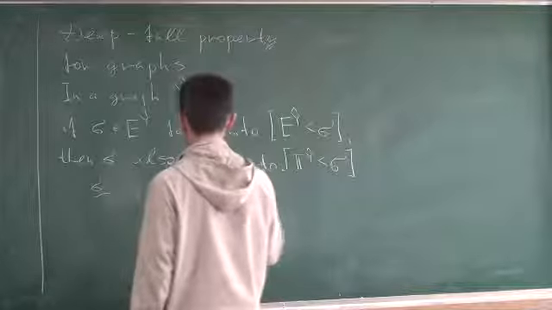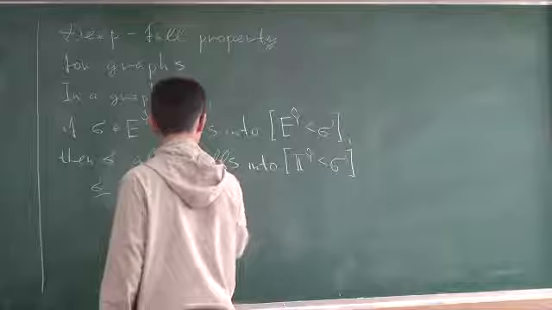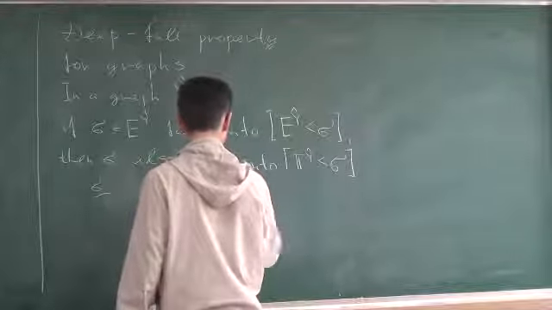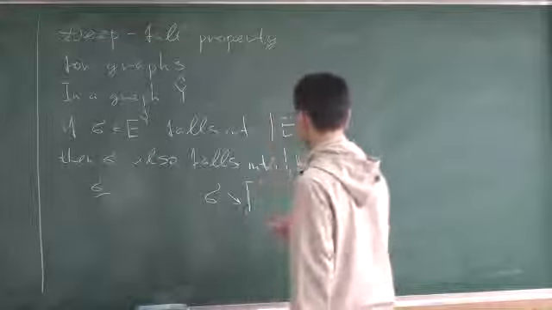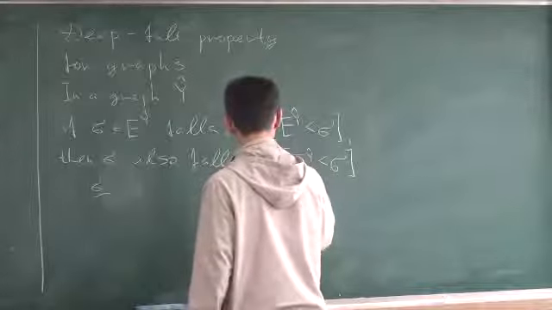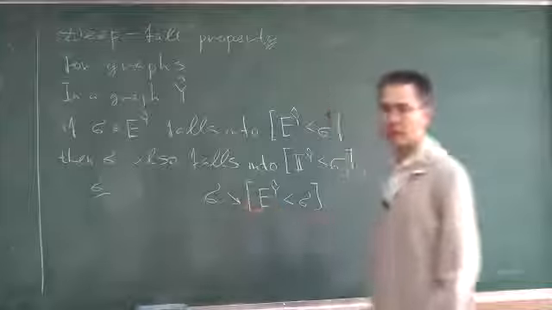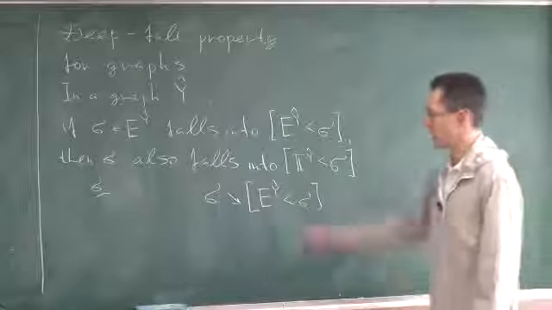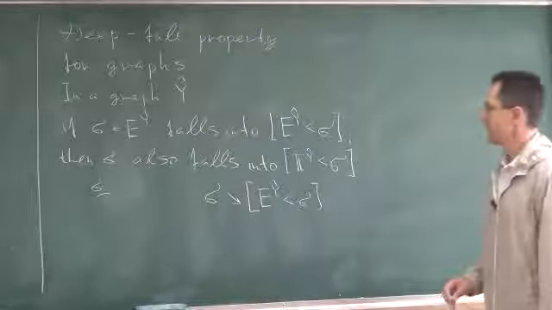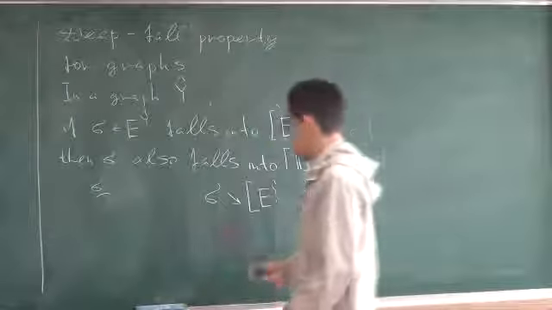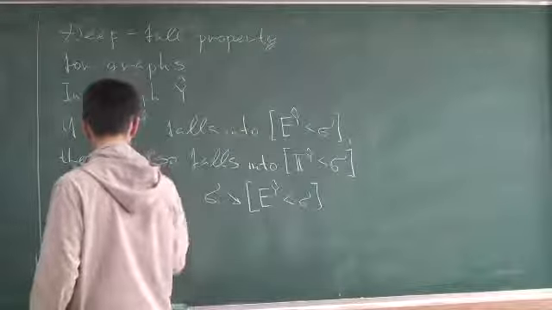So let's draw it. This is just a notation. Sigma falls into E less than sigma. Sigma falls here. It means sigma has a vein here. So here's the vein.